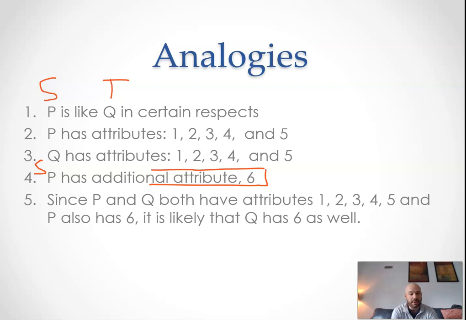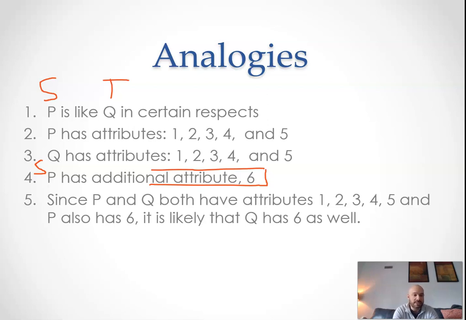So now we get the argument set up a little bit. The argument goes: P is like Q in particular respects. P has attributes 1 through 5, and so does Q. The next step is to say, well, since P also has some other attribute, number 6, the prediction comes here in number 5.